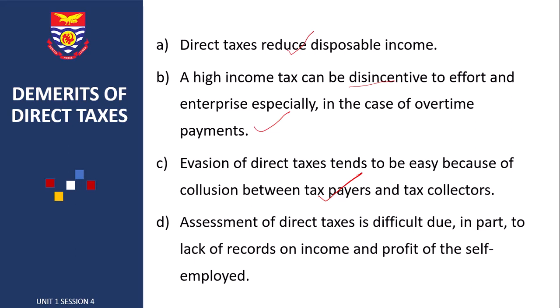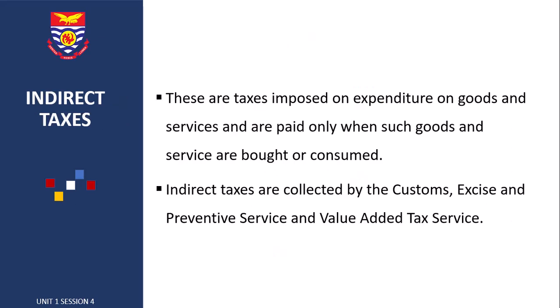Then we have assessment of direct taxes is difficult, in part due to lack of records on income and profits of the self-employed. Most of the sole proprietors or the self-employed individuals do not keep proper records of accounts. So it makes the computation of the taxes on their income very difficult.